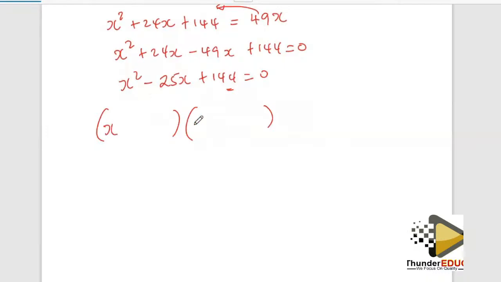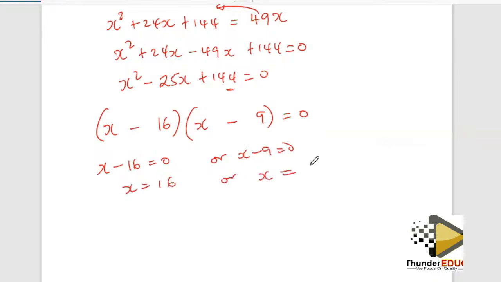That's going to be x and x, that is 16, this is 9. Minus, minus, since I'm having a plus now for the product. Then I can equate this to 0 and solve. So this is going to give me x minus 16 is equal to 0, or x minus 9 is equal to 0. So this x will be 16, and then this x will be 9.